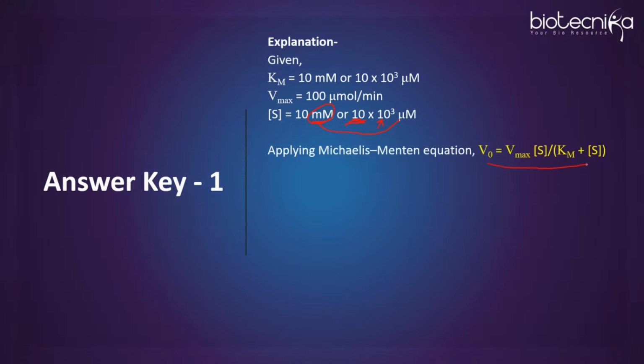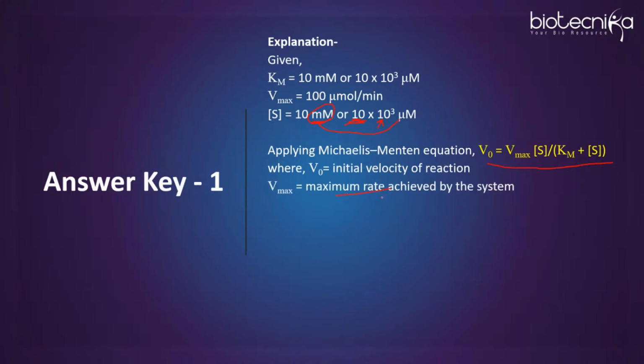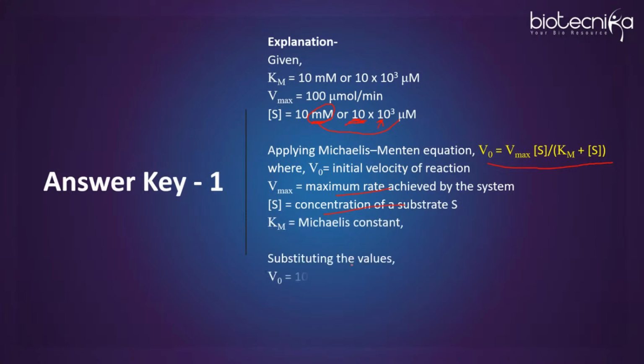Now you have to apply the Michaelis-Menten equation, where V0 is the initial velocity of the reaction, Vmax is the maximum rate, S is the concentration of substrate, and Km is the Michaelis constant. So just substitute all those values, put all the powers properly. So this is your Vmax, this is your substrate, this is your Km, and again this is your substrate. Don't forget there is a plus in the denominator, okay?